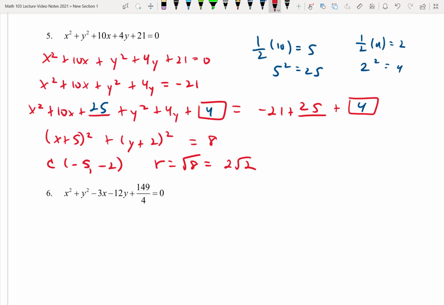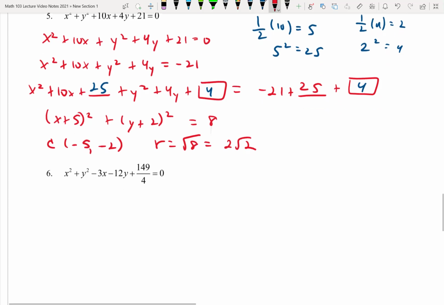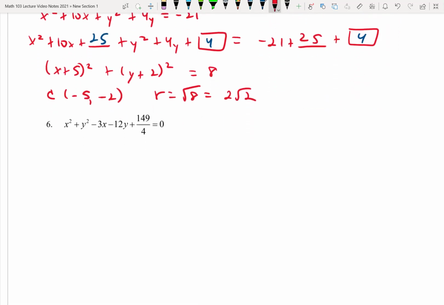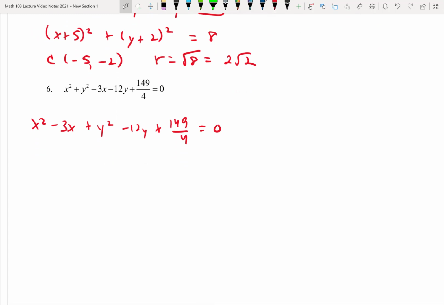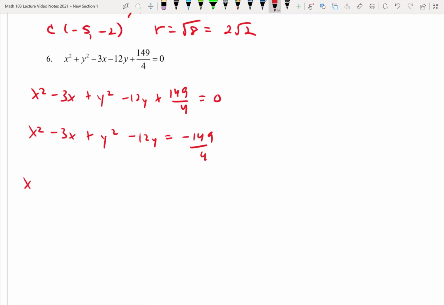All right, number 6, same procedure. First I'm just grouping like variables, and then get the constant on the other side. And then we're going to complete the square.